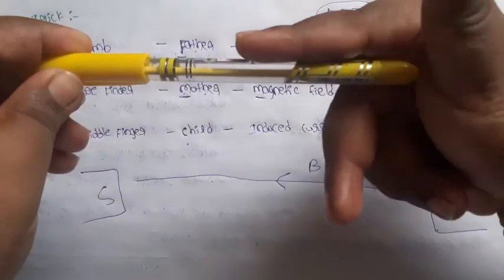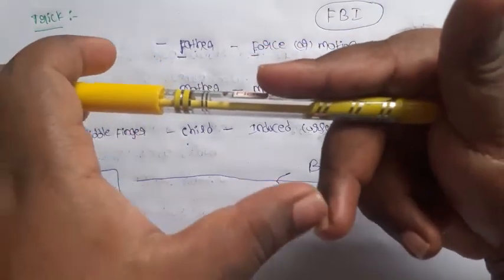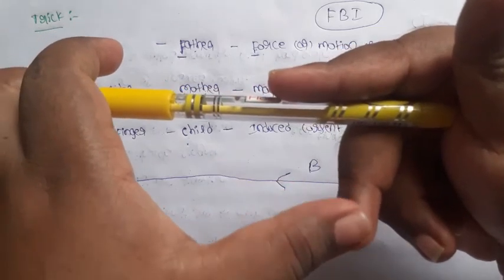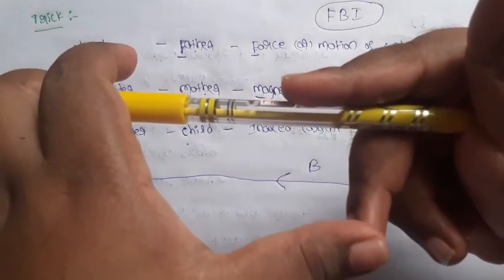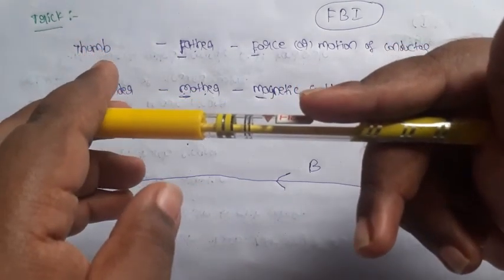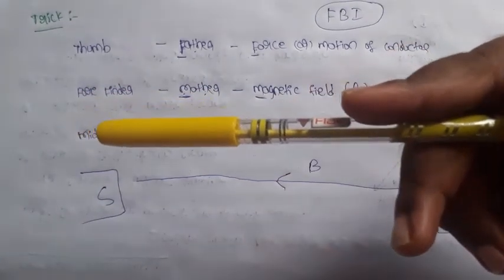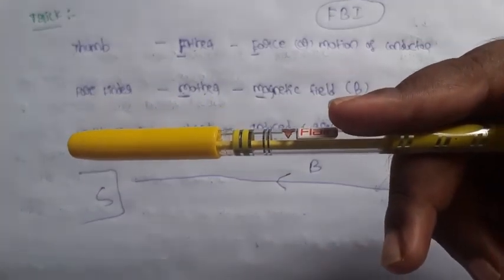Now, what is the direction of the induced current? The induced current is acting towards outside of the conductor.